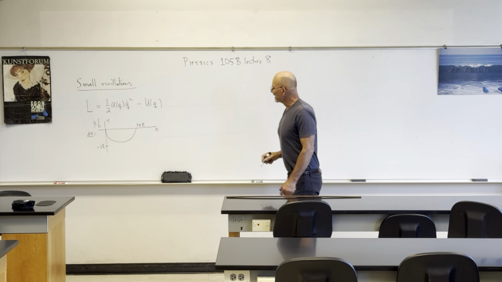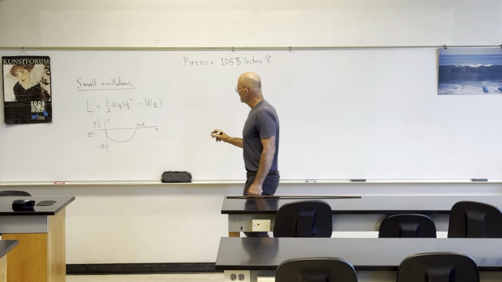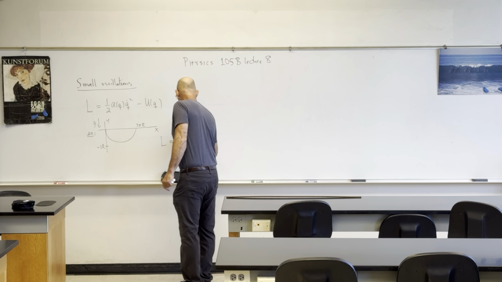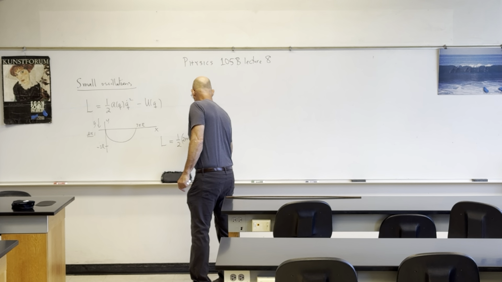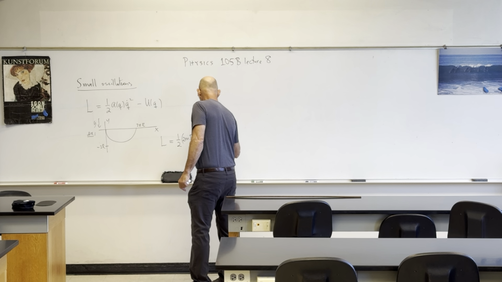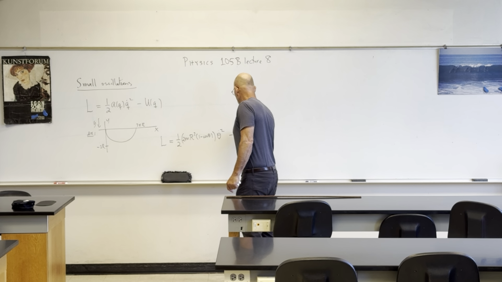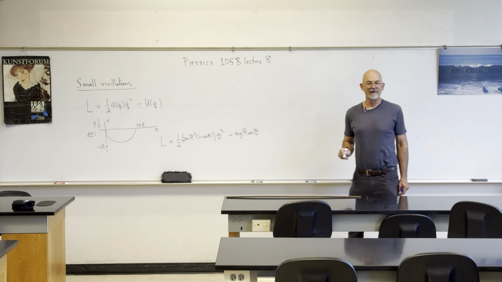And we have its shape in parametric form. And you guys help me if I get this wrong, but we would have had m r squared, 2m r squared 1 minus cos theta, theta dot squared minus mg r cos theta. Is that what we had there the other day?